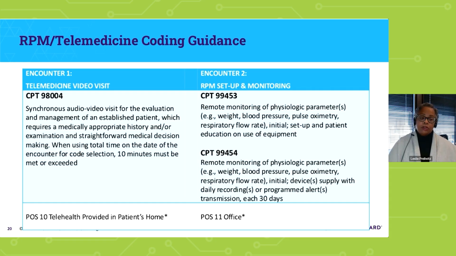So it covers the provision of the device and having information start to come back. This is used on a 30-day basis, so you would have this code transmitted every 30 days. And certainly for the initial setup and patient education, the patient is coming into the office, so your place of service indicator would indicate the office setup.